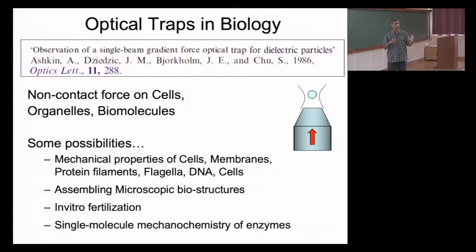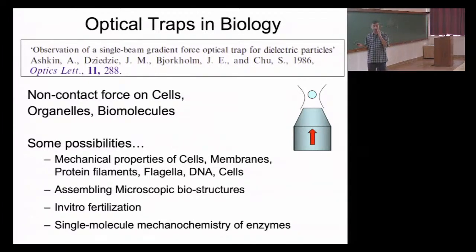Unfortunately, most things inside cells or inside your body are not magnetic, so it's not easy to exert magnetic force in biological systems. But many of these organelles and cells are refractile. So you can use optical traps not just in physics, but also inside cells, and that's something which we have also contributed to, and I will talk about that tomorrow.